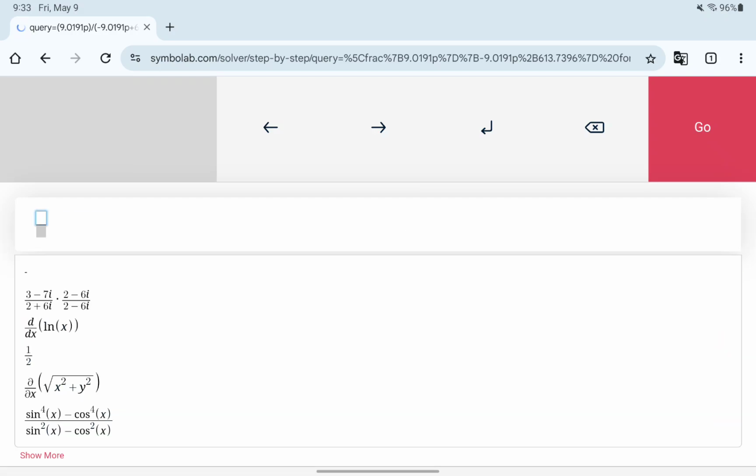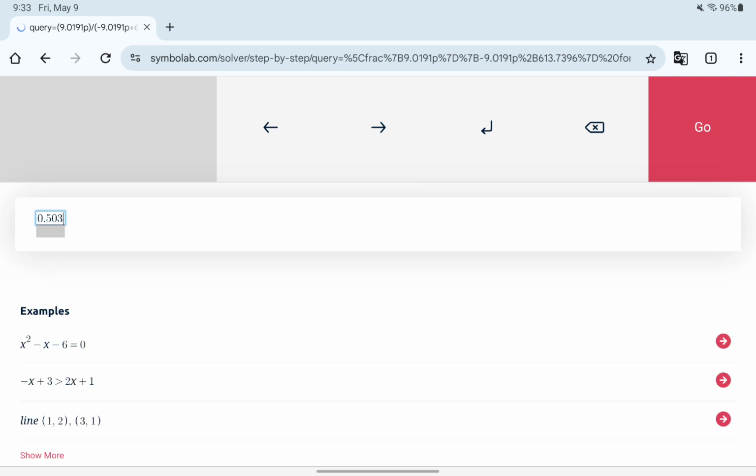We'll enter our elasticity function, and evaluate it for p is equal to 477.17.